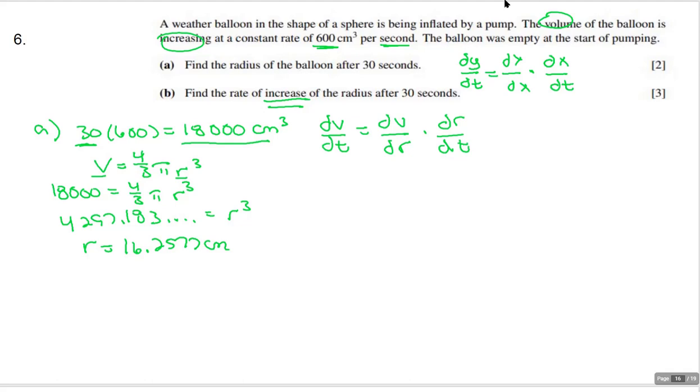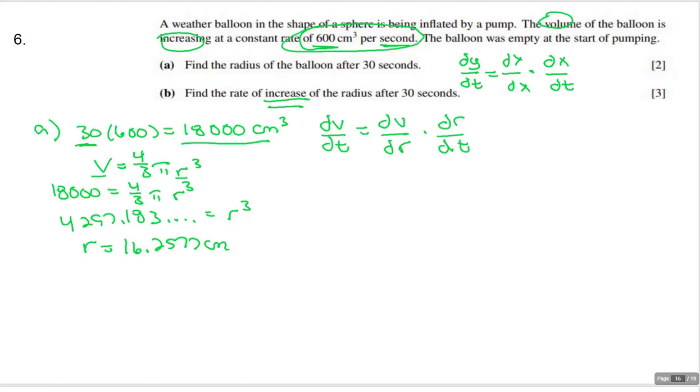Okay, so what happens is that we need to find the rate of increase of the radius after 30 seconds. All right, so after 30 seconds, we know that we can find the derivative of this function we've got here, because they've already told us that the volume is increasing at this rate.